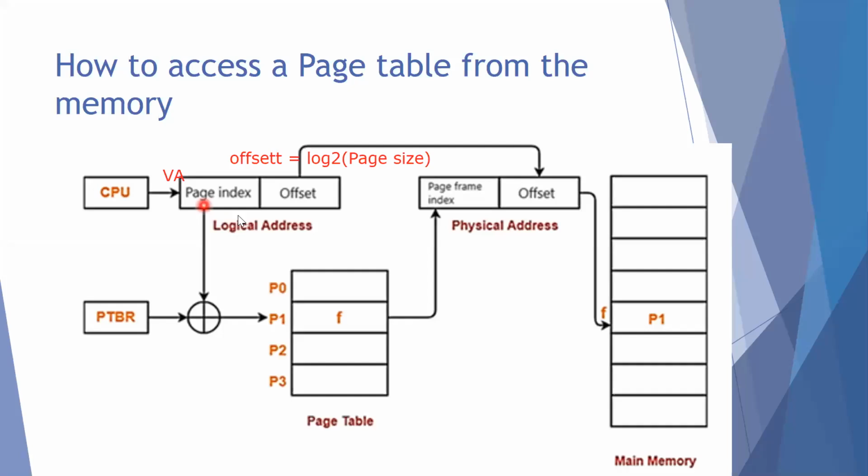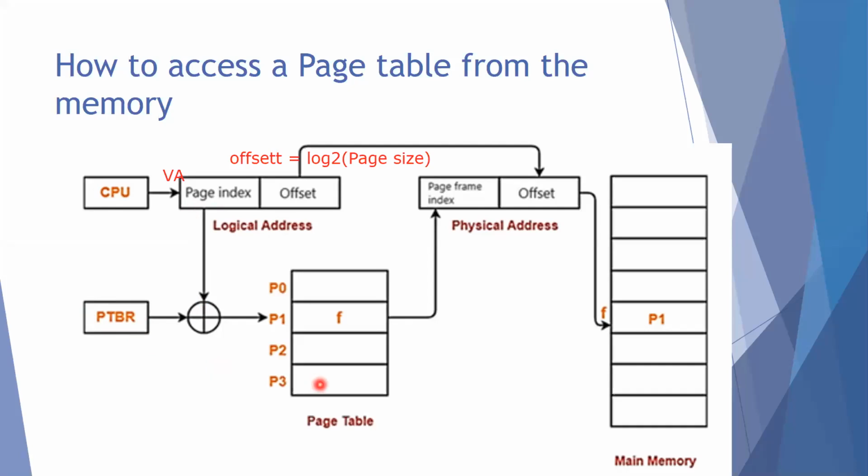Now the initial bits of the virtual page number, also known as the page index, are used to refer to something called the page table register, PTBR. So we have a register which contains the address of the page table.